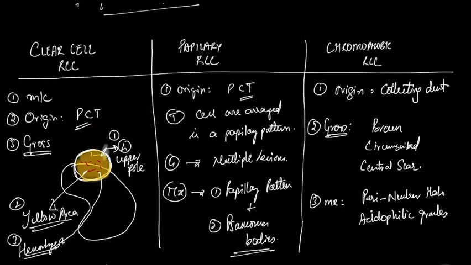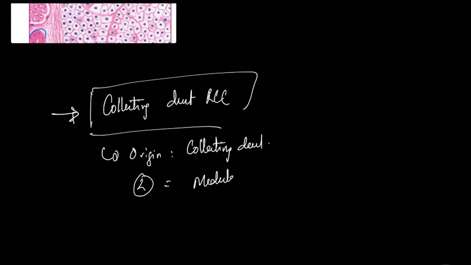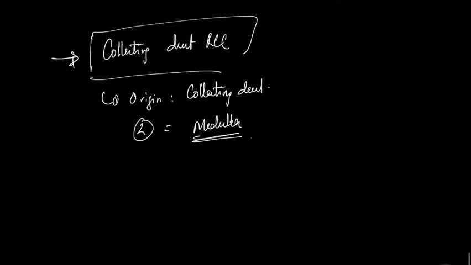A few other subtypes of your RCC are collecting duct RCC. As the name suggests, this originates from your collecting duct, and it is located in your medulla. Then there's your granular cell type RCC.